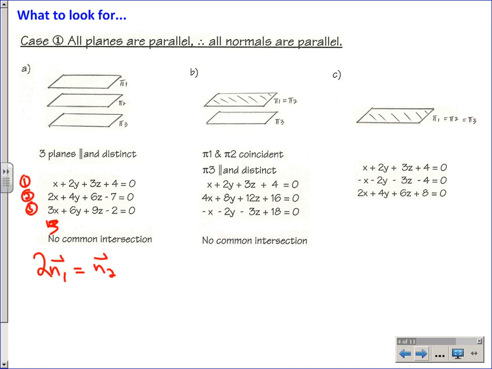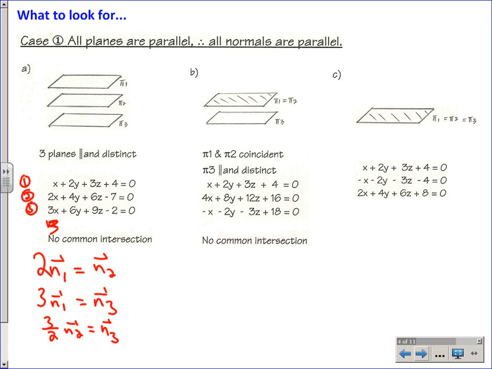Notice the d value, the +4 and the -7, are different. So they aren't the same plane, only the normal vectors are multiples of each other, which is going to make those parallel. And similarly, 3 times n1 gives you n3. And this is also true. If I multiply 3 over 2 times n2, that gives me n3. That's not quite as important, but the fact that that also works.